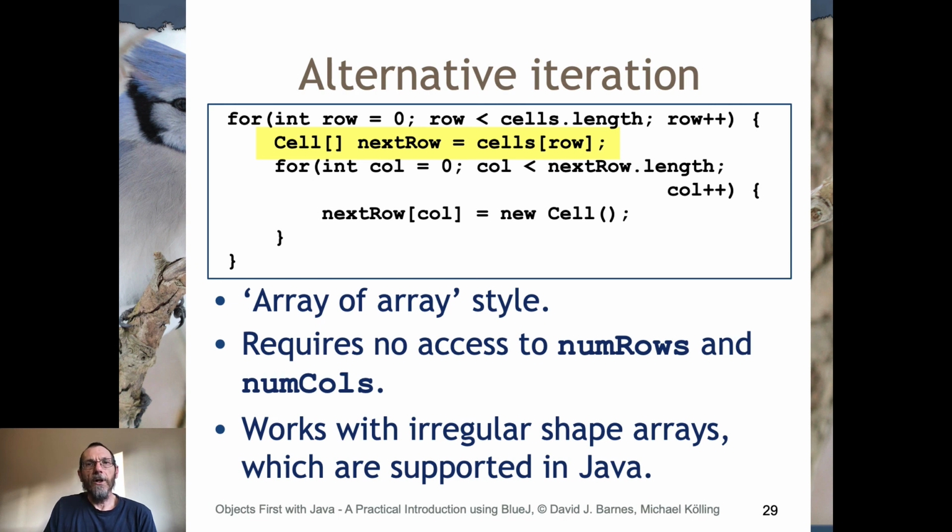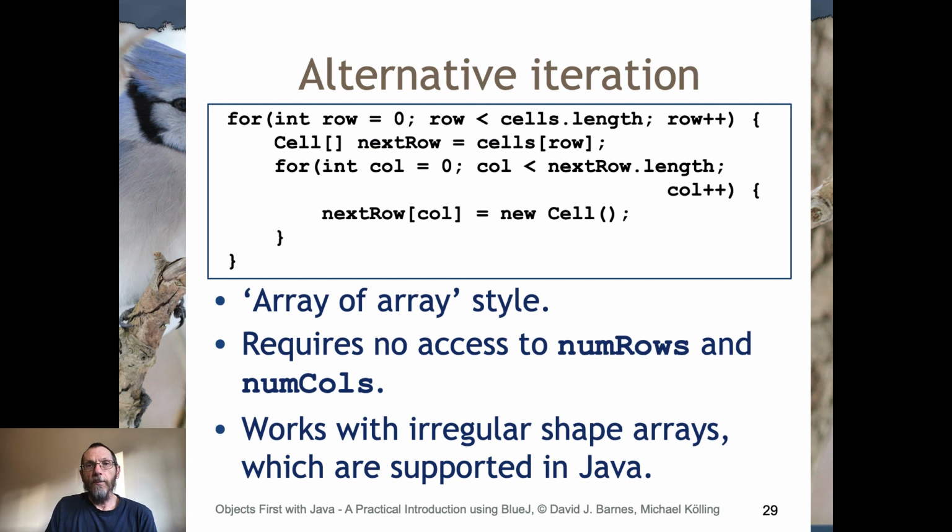So we've got a local variable nested inside the for loop called next row, and we assign to that the one-dimensional array of cells that's stored at that particular row location of the two-dimensional array.